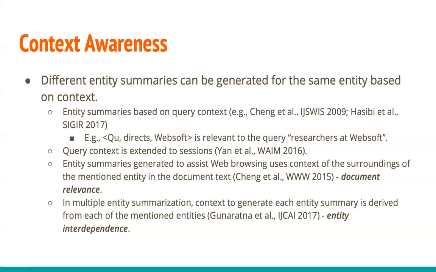So you have more than one entity to make entity summaries for, and as a collective effort, you have to look at all the other entities at the same time and then make the entity summary. So your context awareness is achieved by also paying attention to other entities in the set that you're making summaries for collectively.